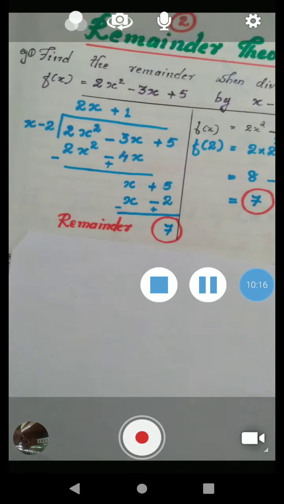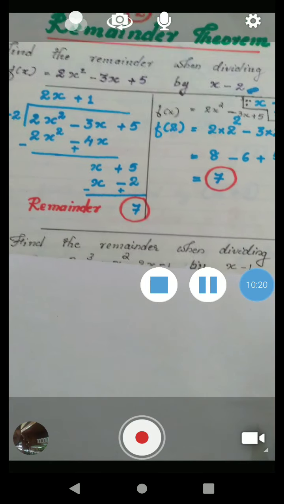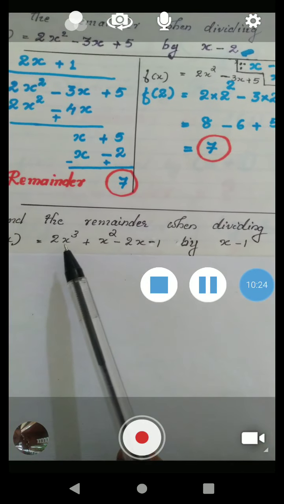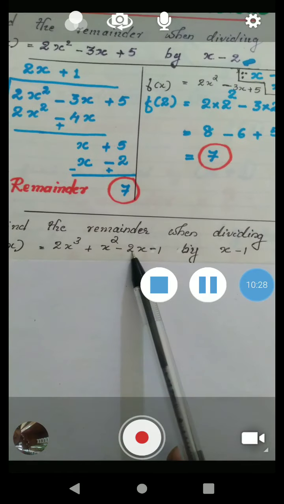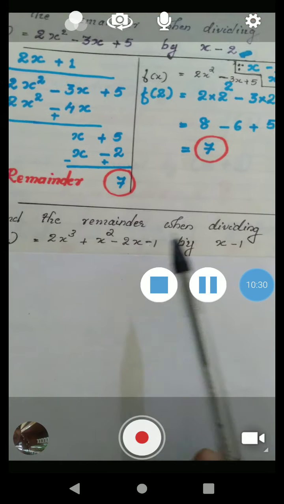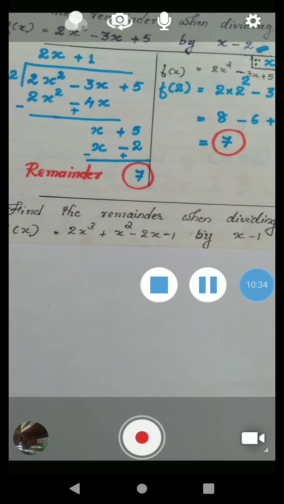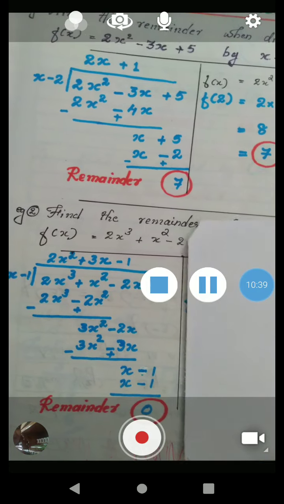And we can see one more example. That is, find the remainder when dividing another polynomial, 2x cube plus x square minus 2x minus 1, by x minus 1. By long division, we can see the remainder.